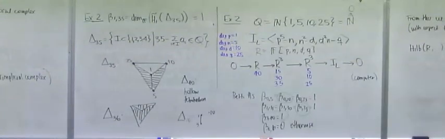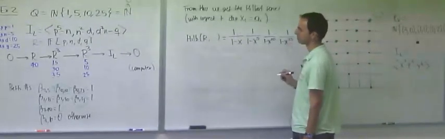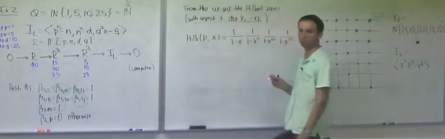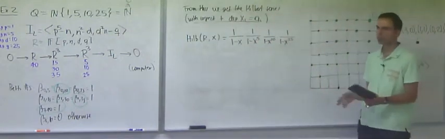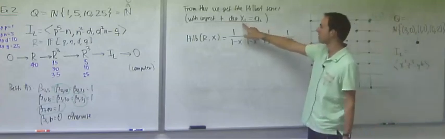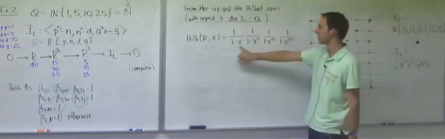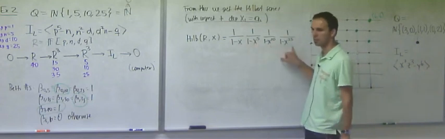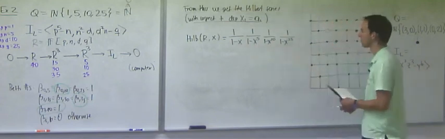Every D is worth 10 x's, and every Q is worth 25 x's. Because of this funny grading. But that's all there is to it. In general, if the degree of xi is ai, then what you would have here is x to the a1, x to the a2, x to the a3, up to x to the an. Okay?